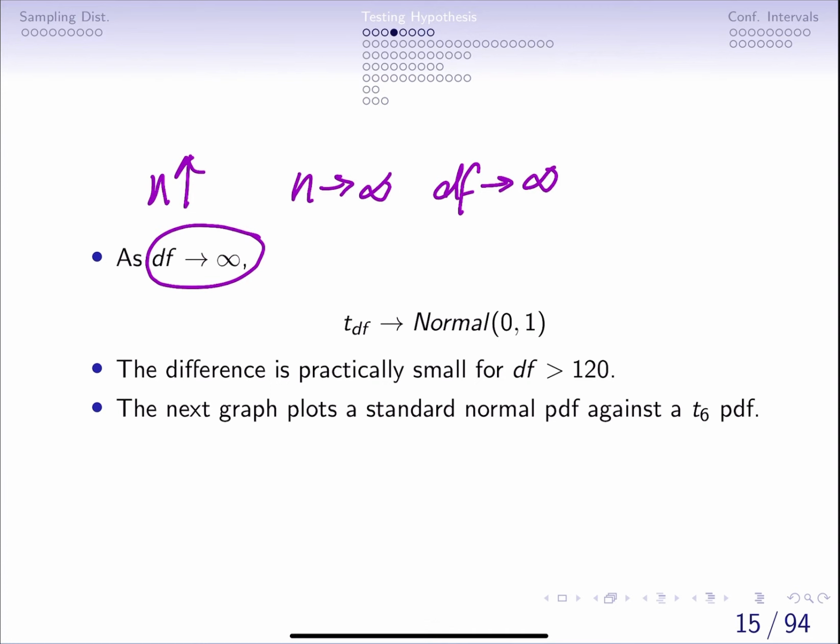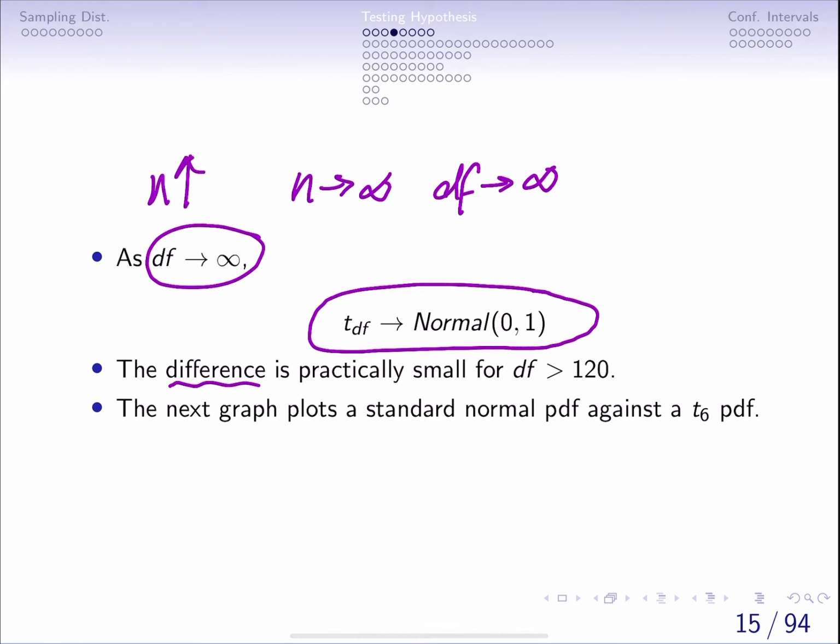And so the t statistic is just going to follow a standard normal distribution in that case, okay? So remember that, the difference is practically small if degrees of freedom are greater than 120, because we already had that value 1.017 earlier for when degrees of freedom were 120.